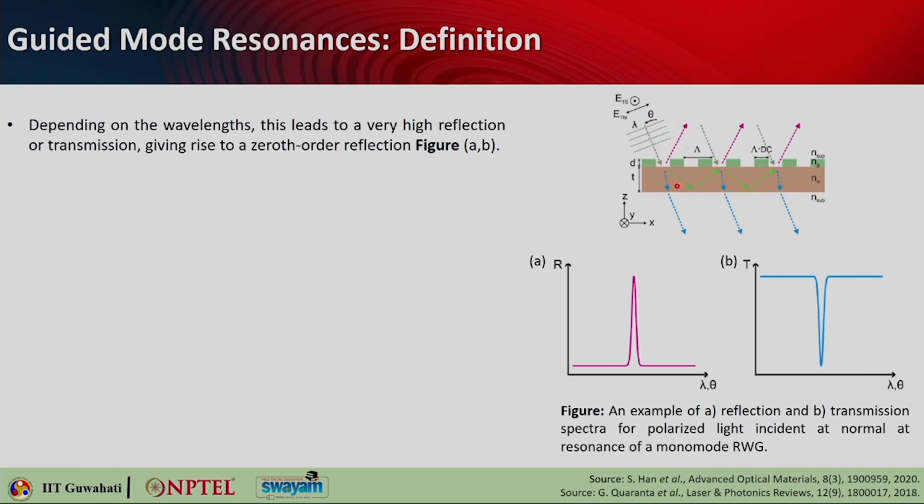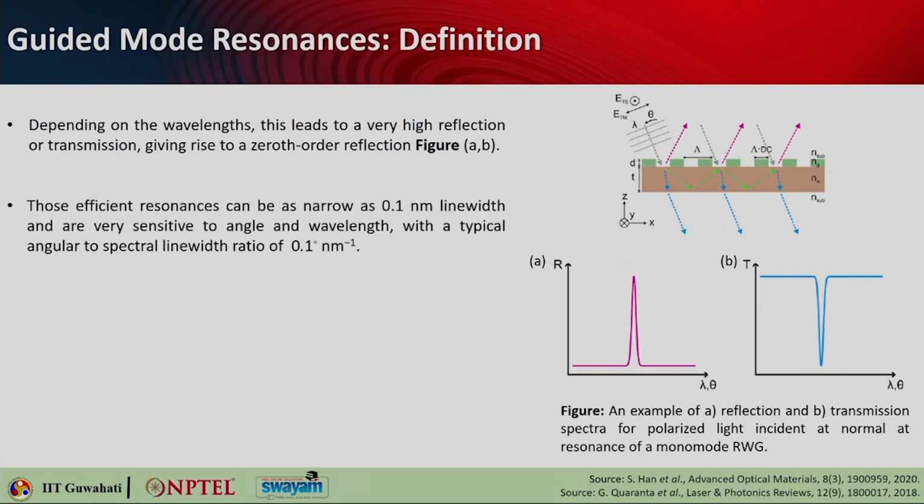Some part is getting reflected, some is getting diffracted, and when this diffracted mode couples with the leaky mode, this is how it travels, and it leaks out as well. So, this is how you actually get the transmission. In this particular example, it has been designed to have a reflection peak and a transmission dip. So, you can design the guided mode resonance filters like that.